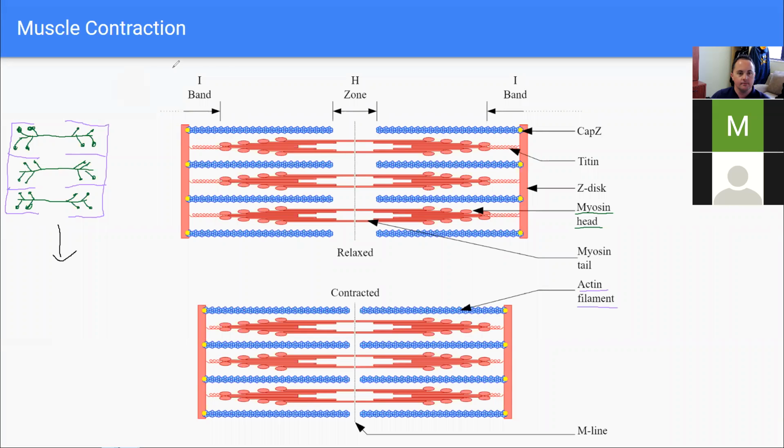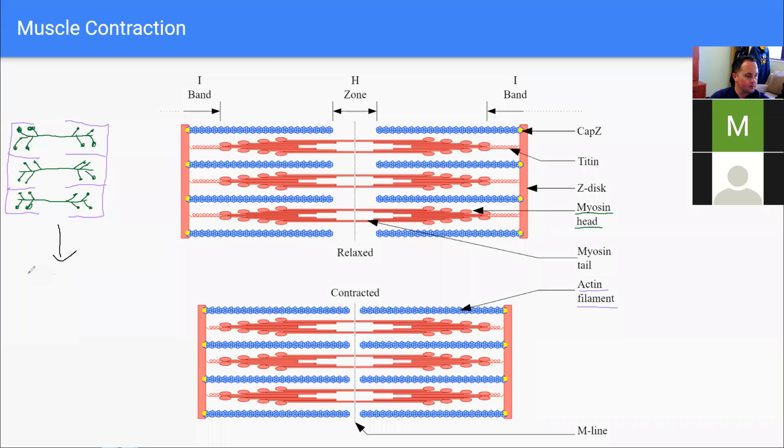So a nerve impulse is going to come down into our myosin and actin filaments, and it's going to create a chemical reaction. We are not going to go into the chemical reactions that are created. It can get very confusing even in person, so I will wait to get to that. What happens? That nerve impulse creates the chemical reaction, and that causes the myosin head to come up here and grab the actin filament.